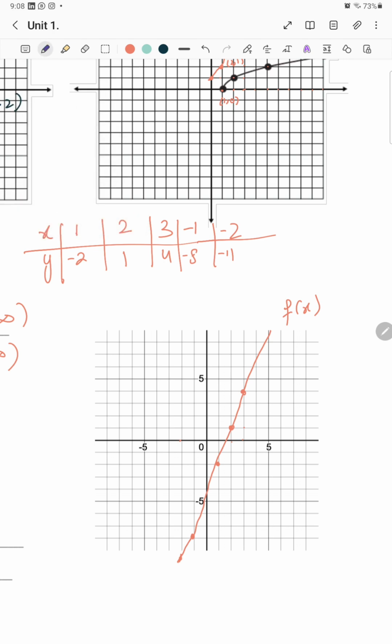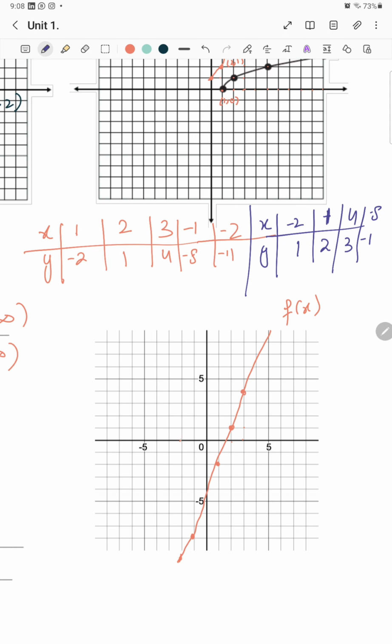What will happen to f inverse x? For f inverse x, we will have x and y opposite: negative 2, 1; 4; negative 8; 1, 2, 3; negative 1.